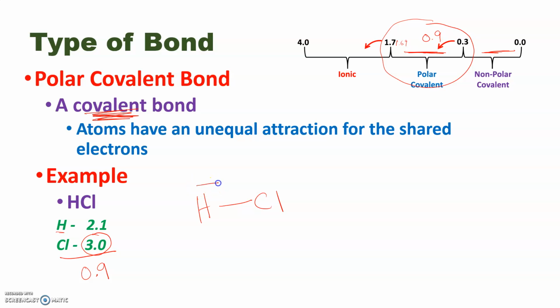So we draw an arrow saying the electrons are going to get pulled more towards chlorine. That will leave hydrogen with a slightly positive charge. Not a full positive, but slightly positive. So you put a little plus tail, so it looks like there's a plus at the end of the arrow here.